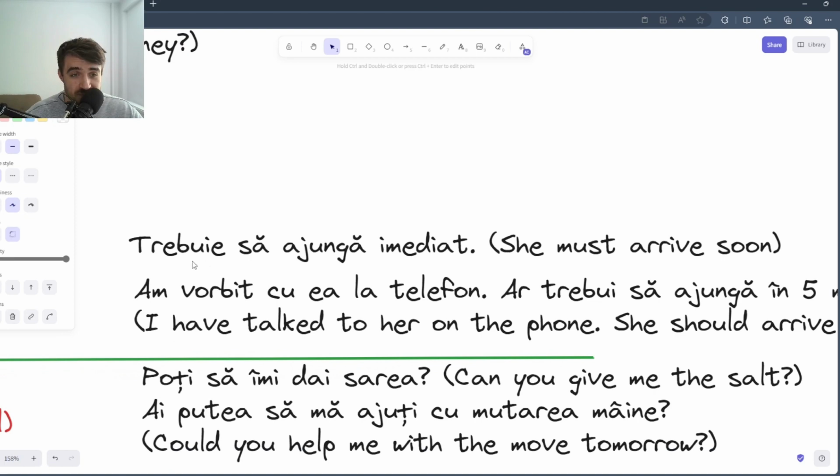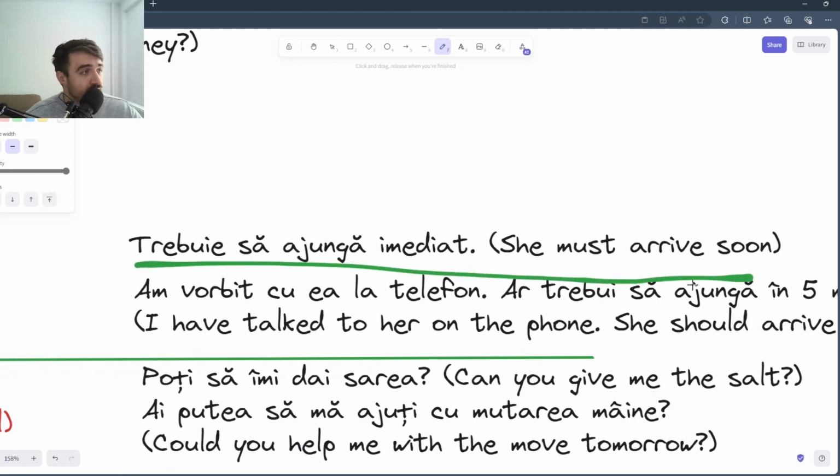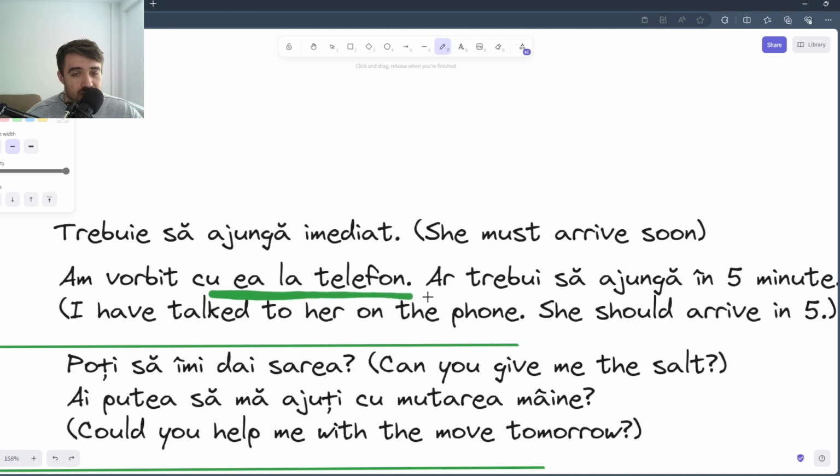So here you're certain, in the first one, you are certain that she must arrive. You have enough, for example, information. Here you have talked to her on the phone, and she should arrive in 5 minutes, but you're not sure. It's as close as it could be.